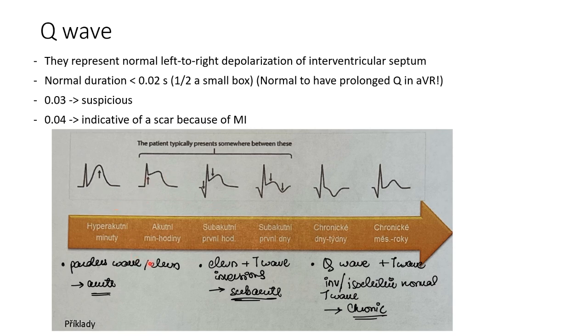Then as we progress to the first hour, a Q wave starts to appear, and the elevations are not as elevated as they were earlier. And we might even start to see T wave inversions. Then when it's chronic, around days to weeks, we see a Q wave and T wave inversions. And then finally, after it's been months to years, you might just see a Q wave.